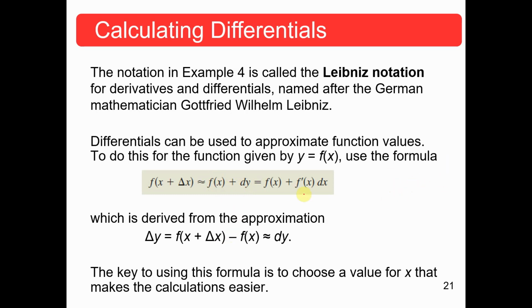This is all just derived from the earlier part of this section. But we know that dy can be approximated as f prime x times delta x, right? So the key to this formula is choosing a value for x that makes the calculations easier. This probably doesn't make any sense right now, but I'm about to show you a problem, and you're going to see exactly how this works, okay?